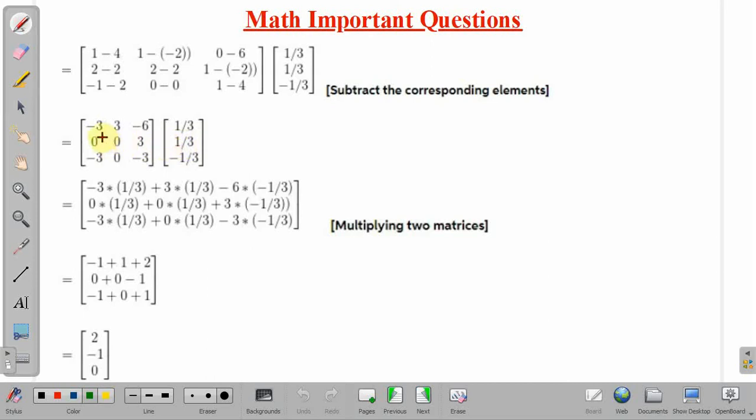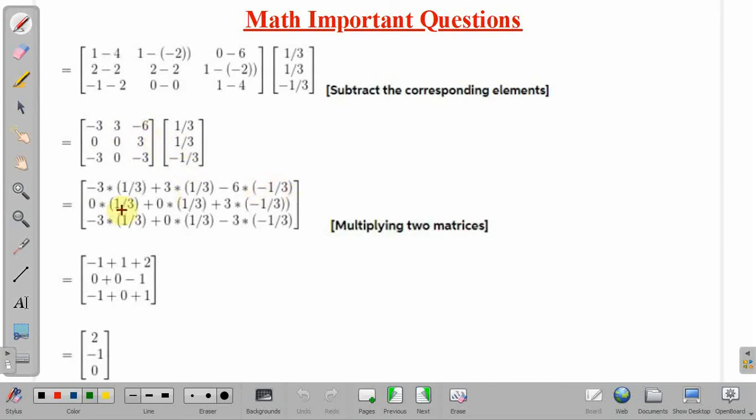So how can we perform the multiplication? We multiply the first row elements of the first matrix with the first column of the second matrix. So multiplying this, we get minus 3 into 1 by 3, plus the second element, 3 into 1 by 3, minus 6 into minus 1 by 3.